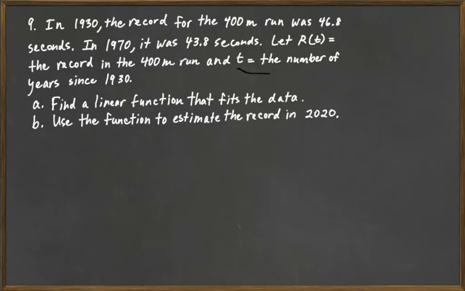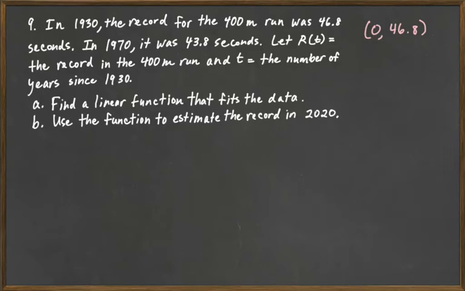Now keep in mind, t is the number of years since 1930. And so in 1930, how many years have passed since 1930? 0. And so that'll be the point 0, 46.8. All right, so that's our first data point.